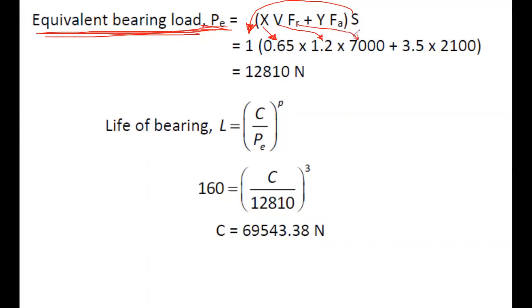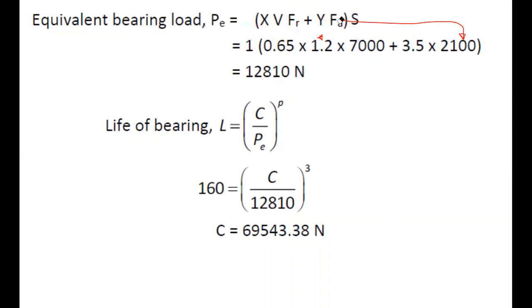FR is given in the numerical, 7,000. Y is given as 3.5. FA is also given, which is 2100 Newton. Once you do the calculations, you will get the answer as 12810 Newton.